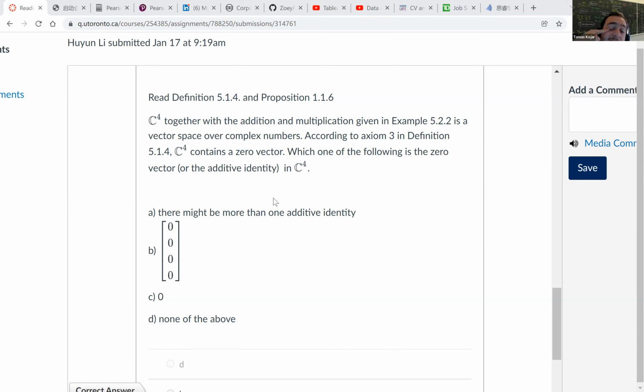We did this in class. It's like C^n, where every component is a complex number. If that confuses you, forget about C4. Let's talk about R4. What's the zero element for R4?